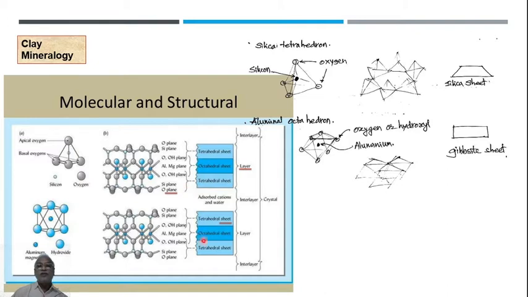Now if these two layers are not strongly attracted, a lot of water will get into that space. If they are very strongly attracted, then there is a lesser possibility that water can enter in between that space. That is the point of interest.